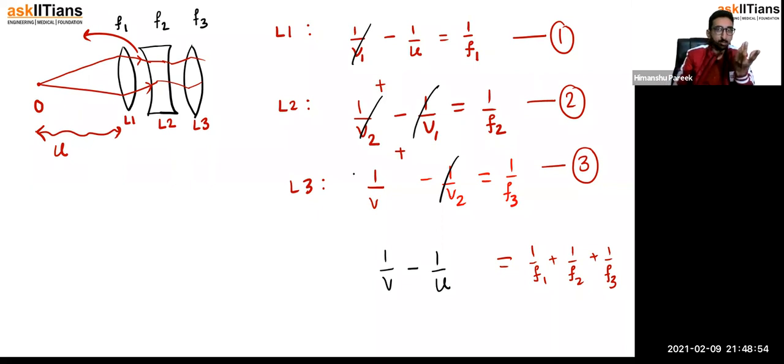Okay, so now let's see everything in a nutshell. What is happening actually? The object was kept at a distance U, and the final image is V, because it is formed by the third lens.